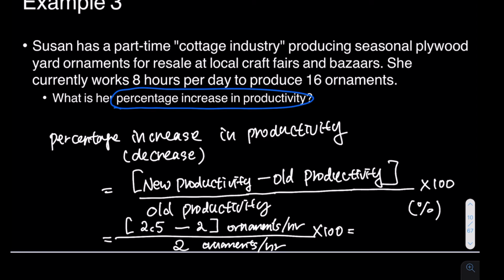So what's the answer? This is going to be 0.5 over 2, right? And multiplied by 100, you will get a 25% increase. So the answer is a 25% increase in productivity compared to the original productivity.